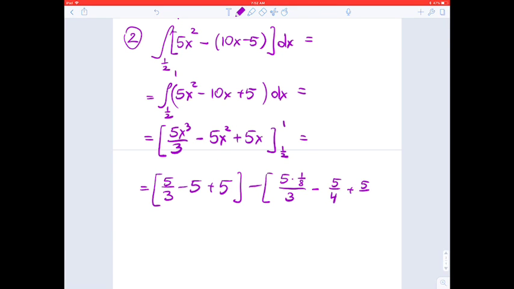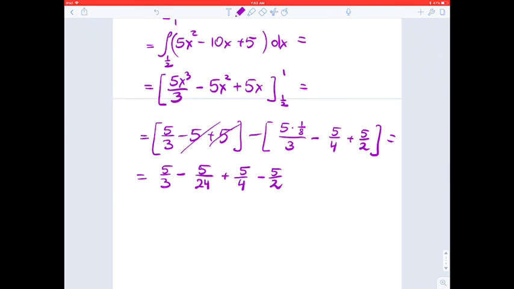A half squared is 1/4, so 5 times 1/4, and 5 times a half. This will be 5 over 8 times 3, 24, and I'm changing the sign. This negative will become positive, 5 over 4, and this will become negative, 5 over 2.